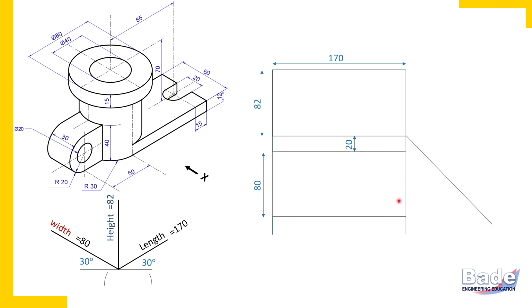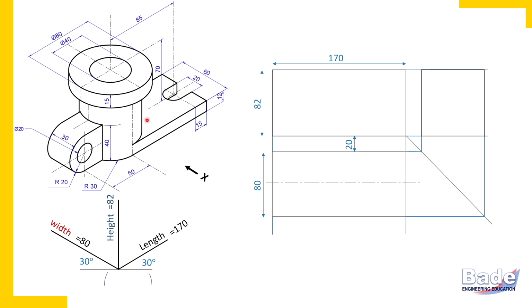In the top view it is vertical, project it in the side view horizontally. And this is how we have projected 80 millimeter width to the side view. So in the side view, height 82 millimeters vertically and width 80 millimeters horizontally. So this is how necessary rectangular boxes for orthographic views we have completed.